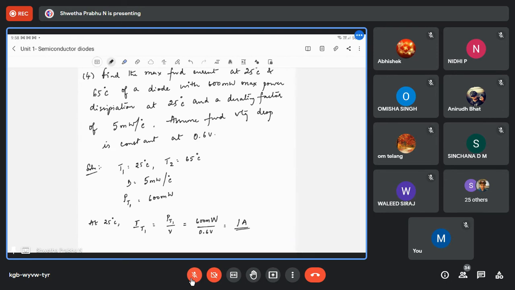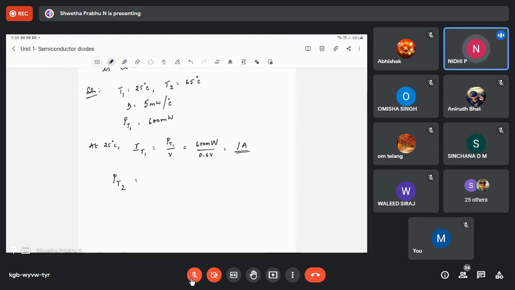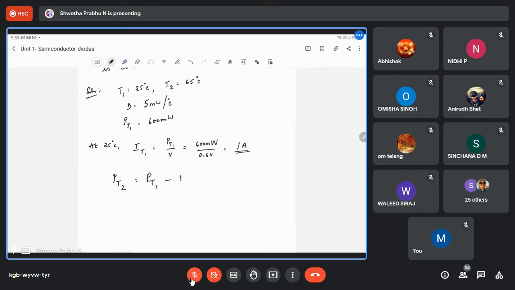Okay. Next step is we shall find power at temperature T2. What is the relation? Nidhi, can you tell me the relation? PT1 minus delta T into D. Yes, it is PT1 minus T2 minus T1, and T2 minus T1 is nothing but delta T, multiplied by the derating factor D. Substitute and get me the PT2 value.